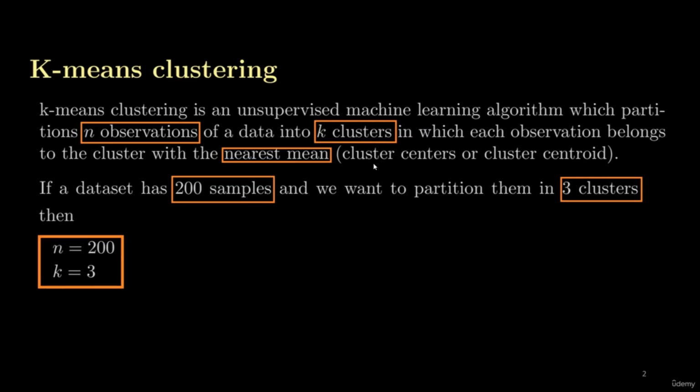If I go back, the words nearest mean refer to the centroid of a cluster. So if we have 200 samples and we want to partition them into 3 clusters, then n is 200, which is the number of samples, and K equals 3, which is the number of clusters in which we are going to partition our data.